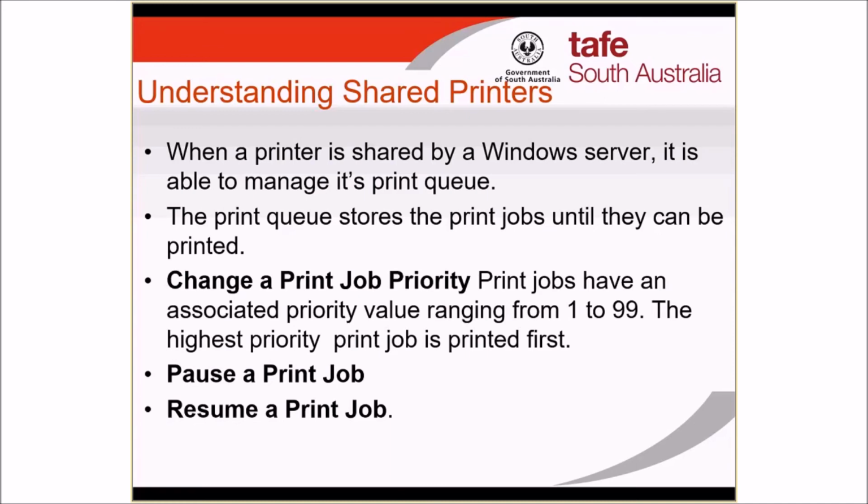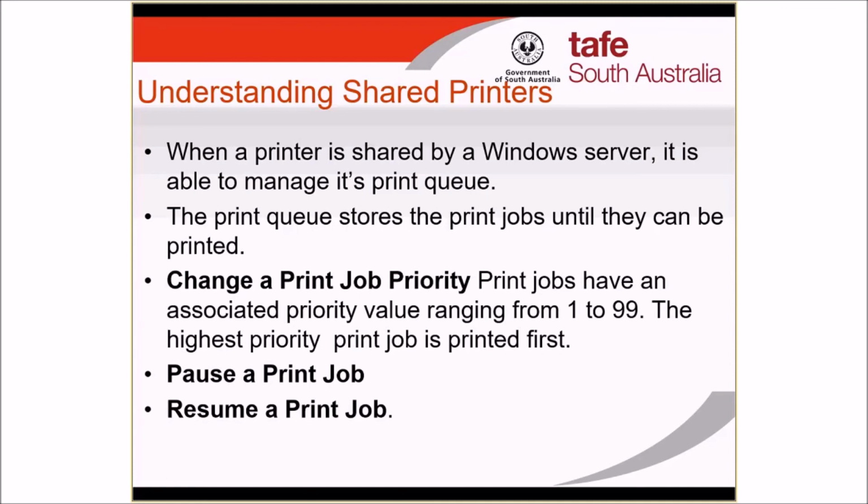So as an administrator, I could move his job from the bottom of the queue to the top. I can see that, hey, what's your name again? Lachlan. He's printed a 500-page print job on this printer that shouldn't be used for that kind of job. I could go, hey, that print job shouldn't be here, and delete it. So the print queue stores the print jobs until they can be printed.